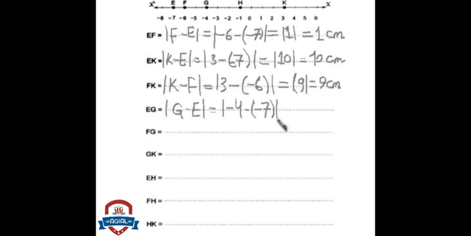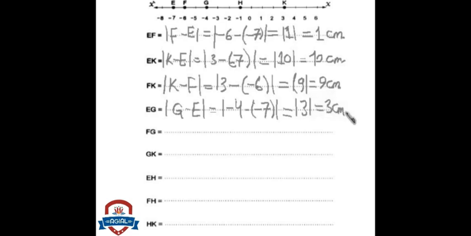The absolute value of -4 minus -7 equals the absolute value of -4 plus 7 equals the absolute value of 3. And the absolute value of 3 equals 3.